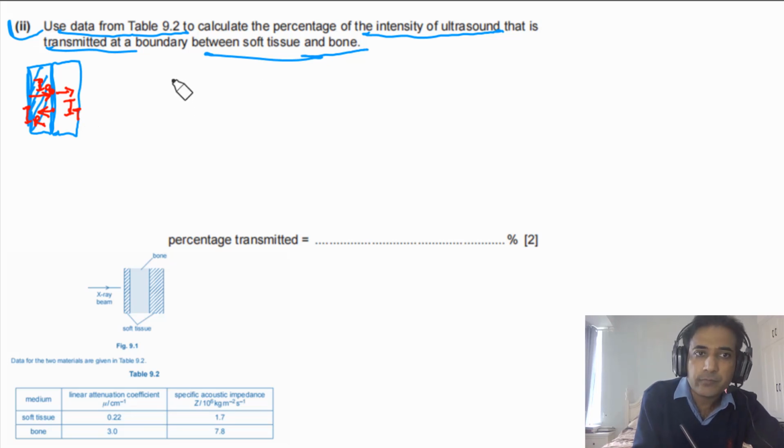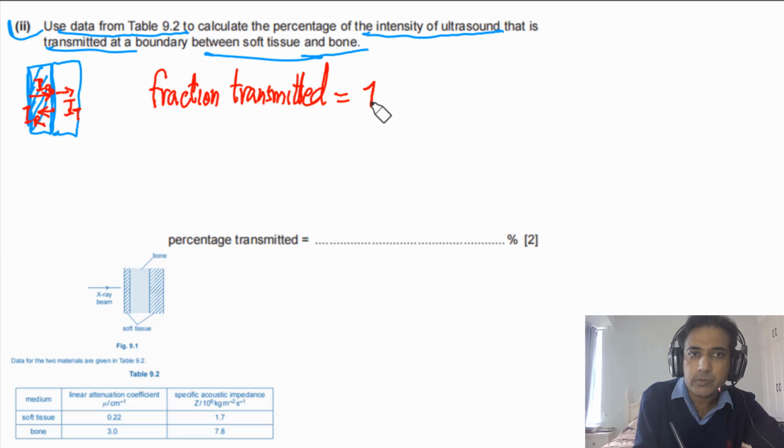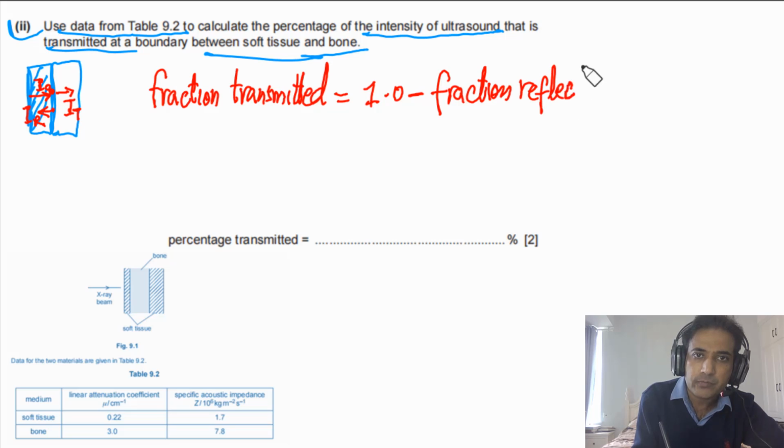We need to calculate the fraction transmitted. The fraction transmitted will be equal to 1.0 minus the fraction reflected, based on conservation of energy.